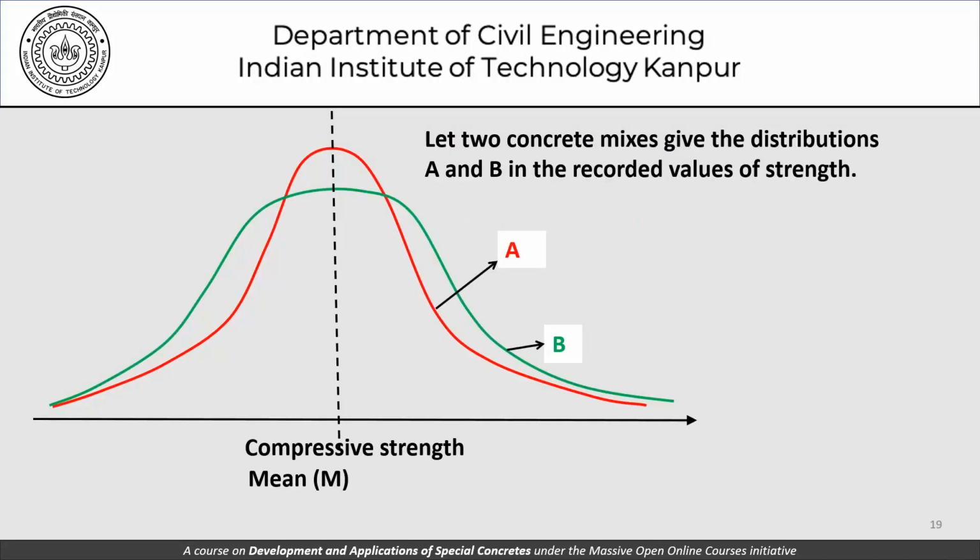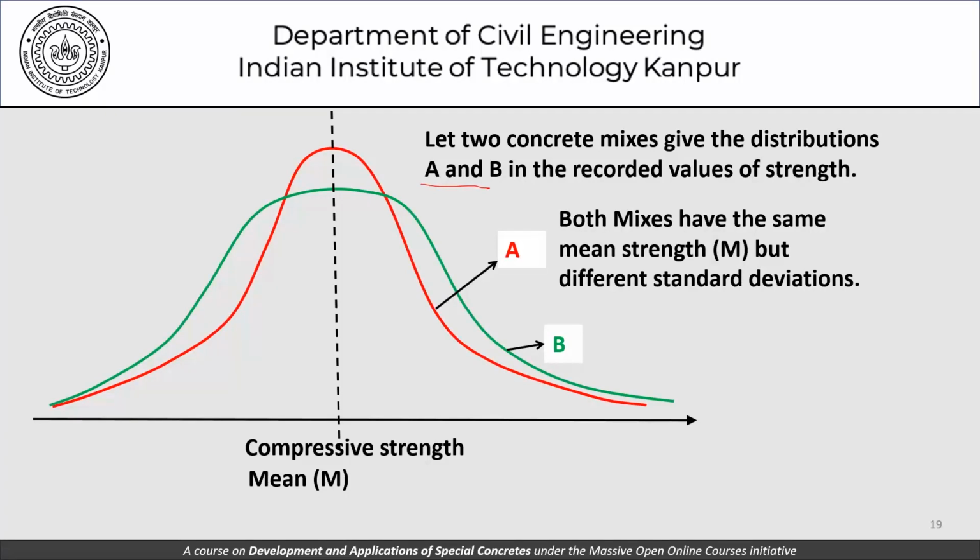Now, what does this effectively mean? Let's consider two concrete mixes which have distributions A and B in the recorded values of strength. Both mixes have the same mean strength M but different standard deviations, which we can see from the graphs that I have plotted.